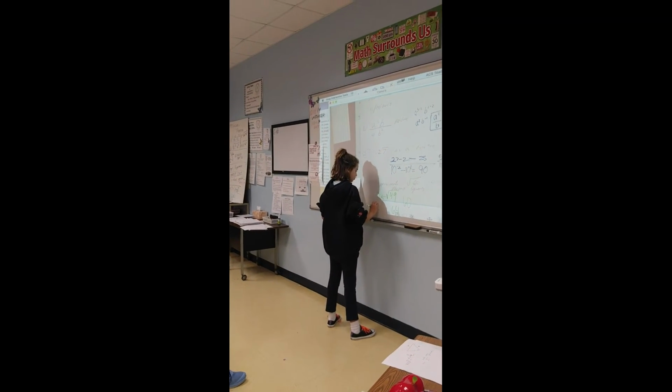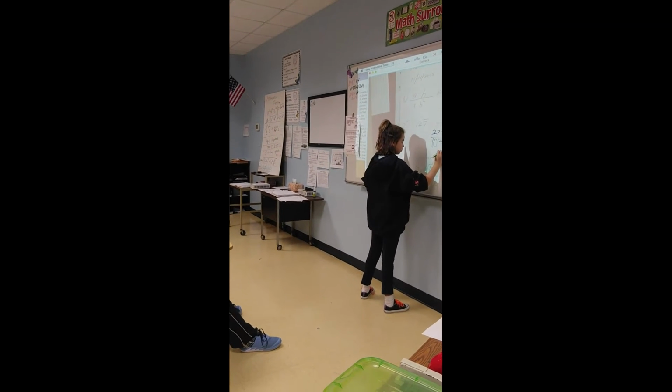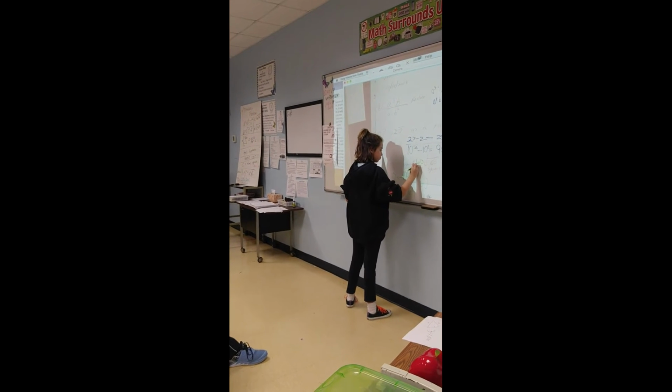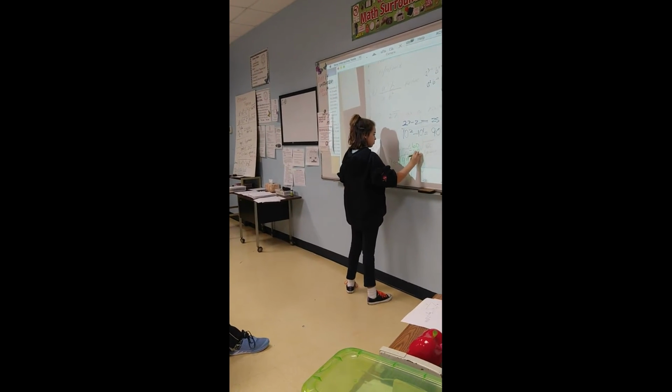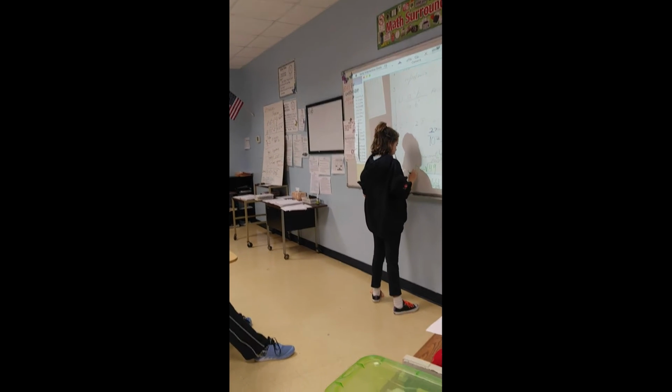So Victoria identified the low perfect square as 49. It's the perfect square before 60. And the high perfect square she identified as 64.